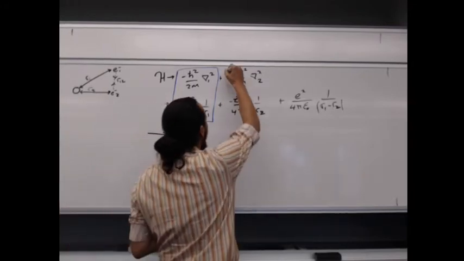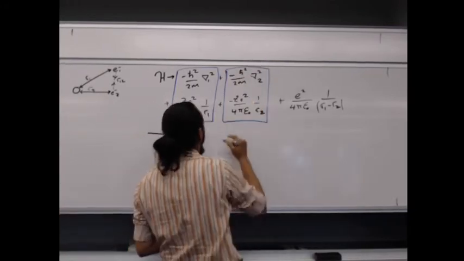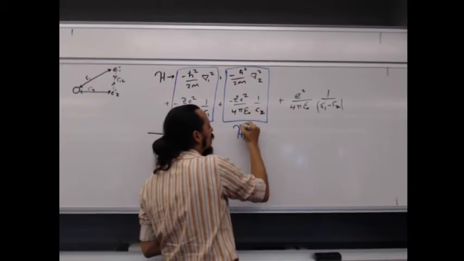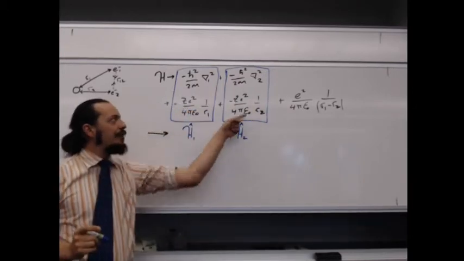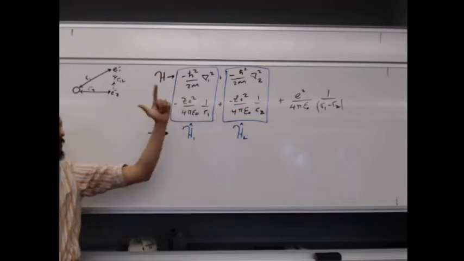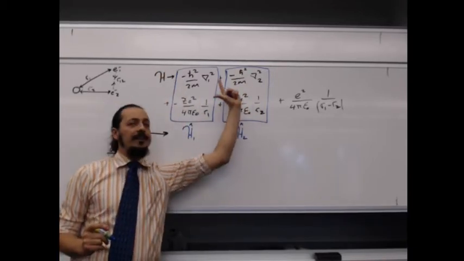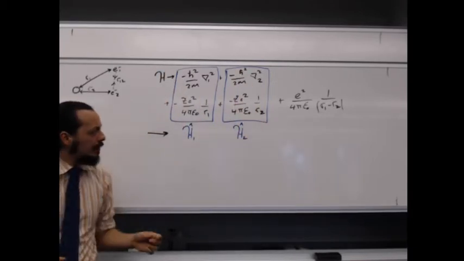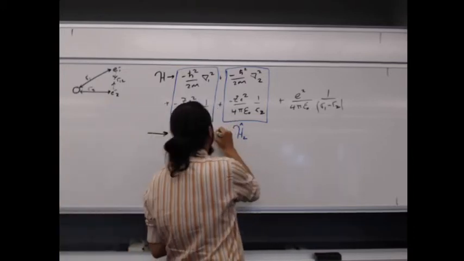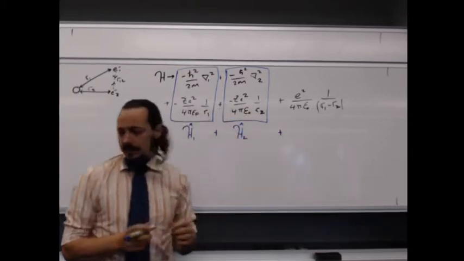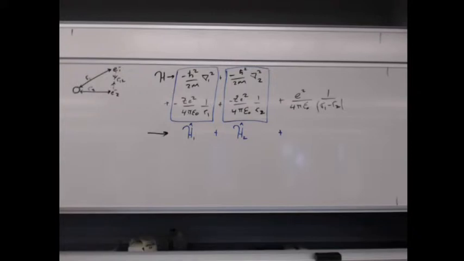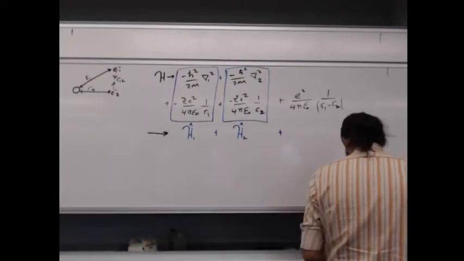Same thing here. We've got some H2 that also looks like a hydrogen atom with some R2 theta 2 phi 2, some R2 attraction. And then we've got this unfortunate part at the end. This unfortunate part at the end can't really be simplified anymore.